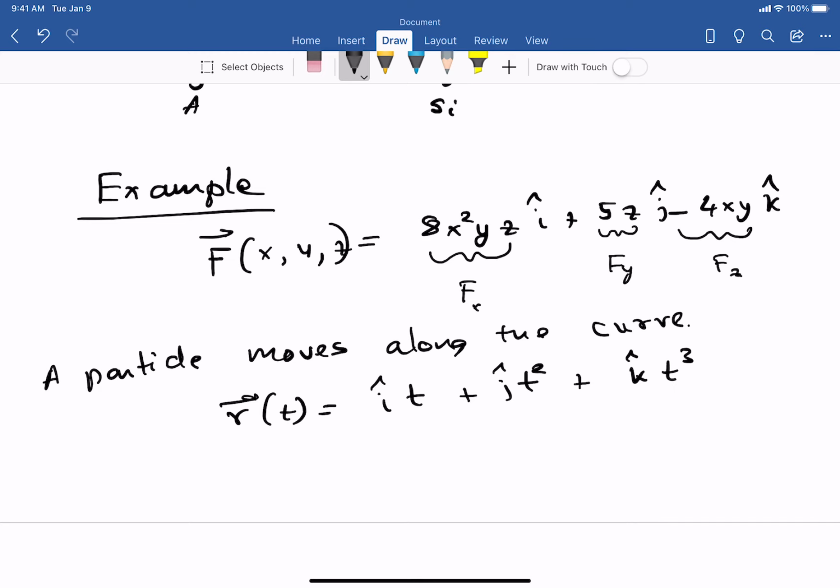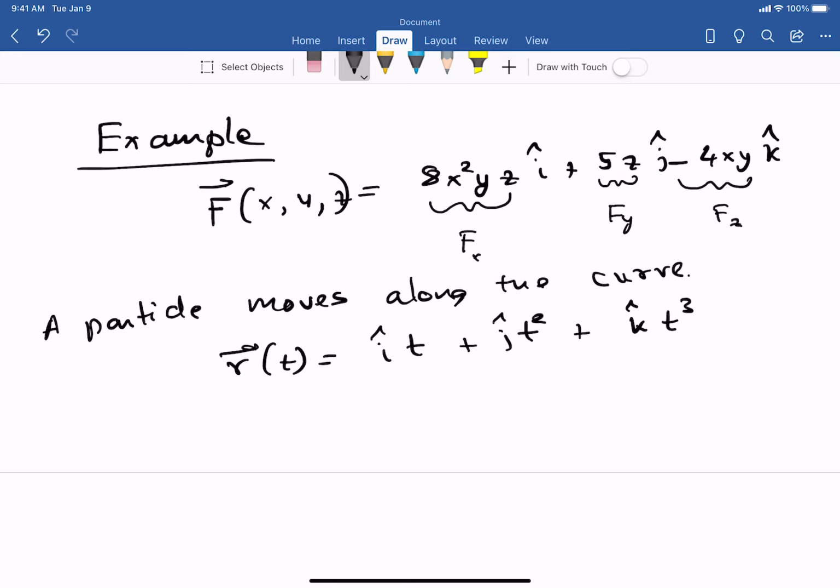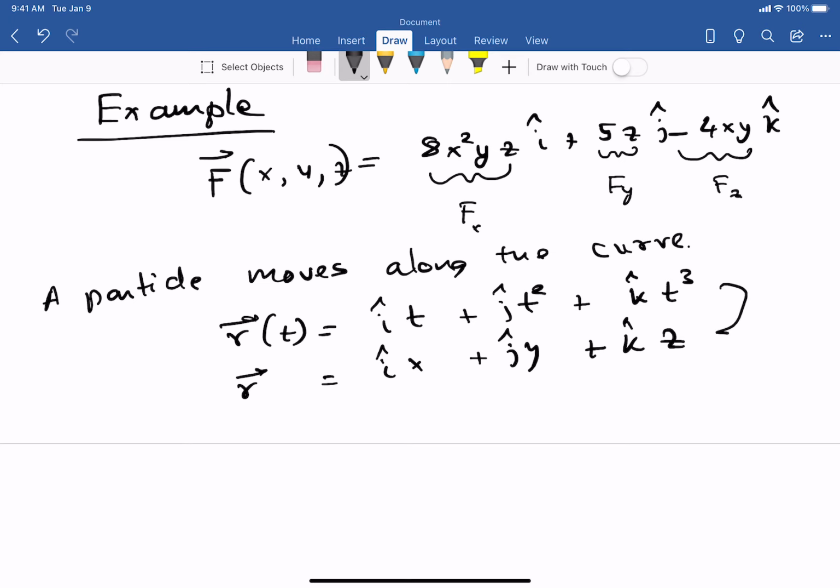Okay, so if you compare this, as we've done in chapter 1, with the generic position vector r, which is i hat x plus j hat y plus k hat z, you can clearly see how the x, y, and z coordinates of the particle depend on the parameter t. So x is equal to t, the y coordinate of the particle is equal to t squared, and the z coordinate of the particle is equal to t cubed. All right.